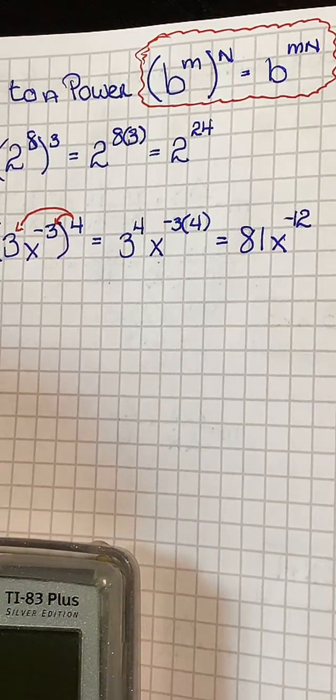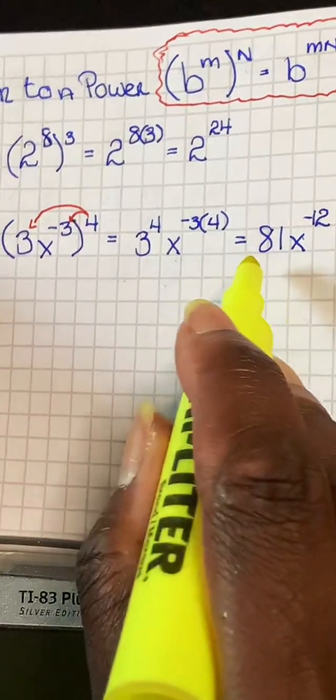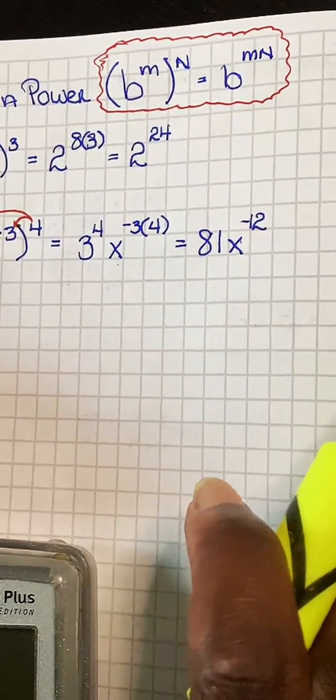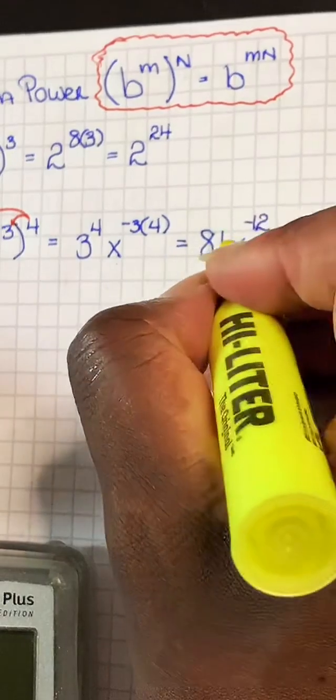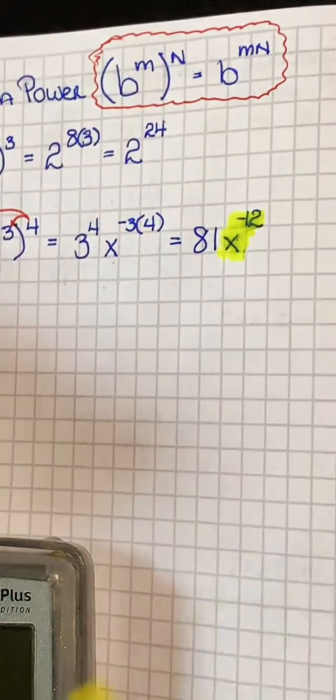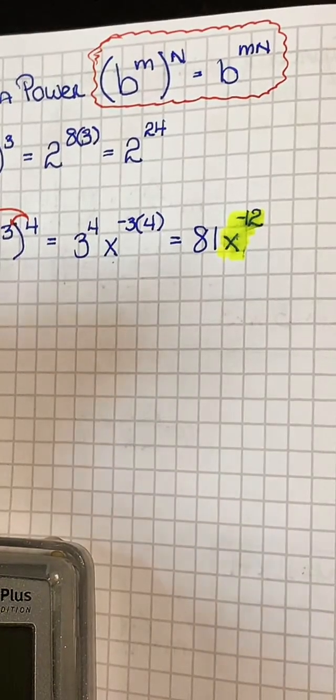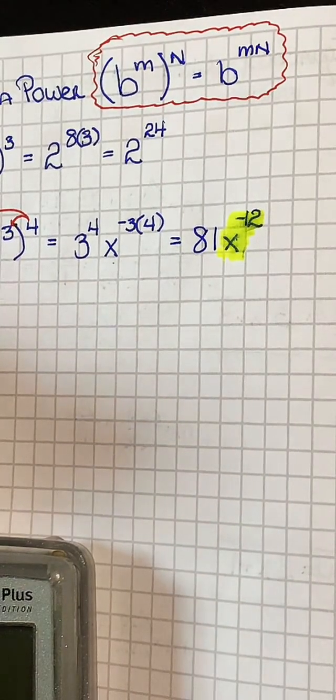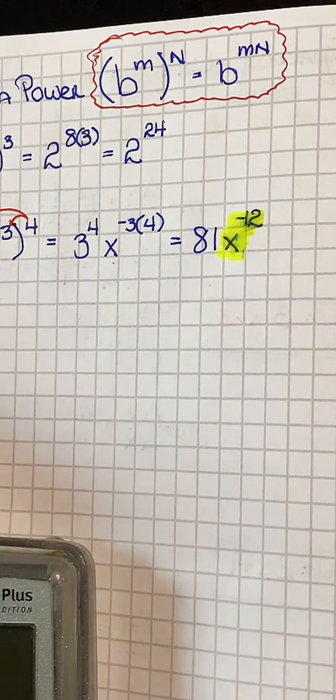Okay, so we need to remove the negative. Basically, what is being raised by that negative 12 is not this whole entire thing. It's just the x. So what do we remember about negative exponents? What do we have to do? Yep, we can't have a negative in the exponent.